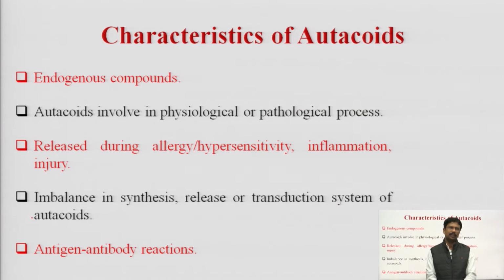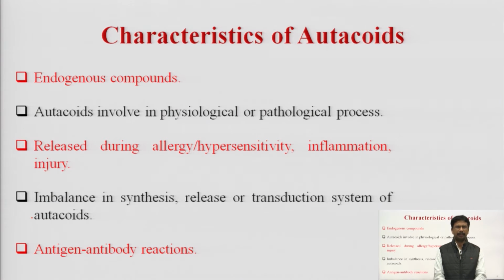Okay. Now, let us explore the characteristic features of the Autacoids. So, Autacoids are endogenous compounds, you can say they are developed in the body and degraded in the body after giving their effect. Okay. So, generally Autacoids are involved in physiological as well as pathological conditions.